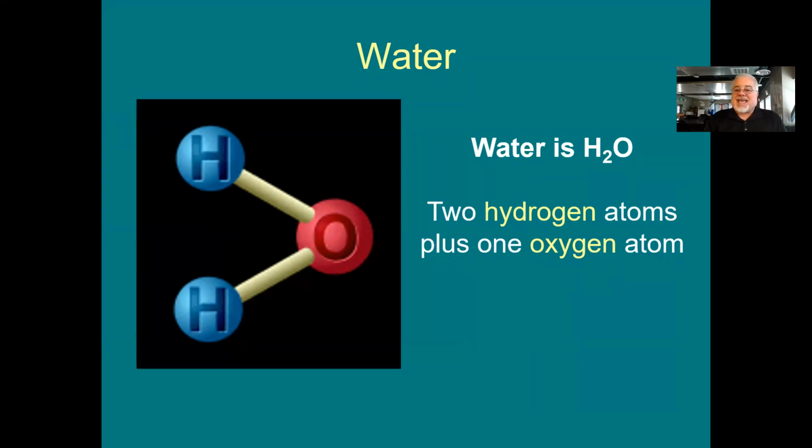It does have an angular arrangement between the 2 hydrogen atoms as they join, or covalently bond, with the oxygen atom. Let me say that again. The 2 hydrogen atoms have a specific angle where they covalently bond to the oxygen atom to make a water molecule.